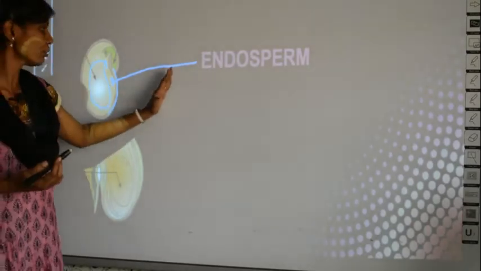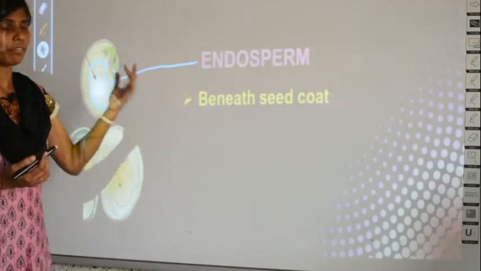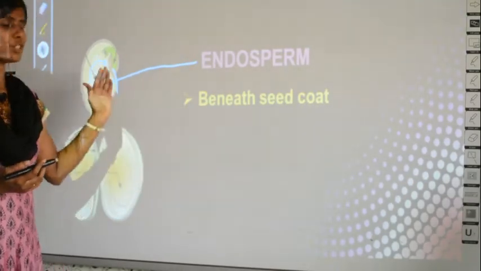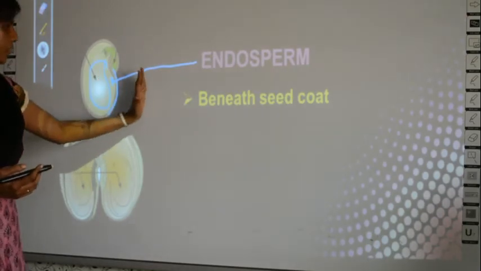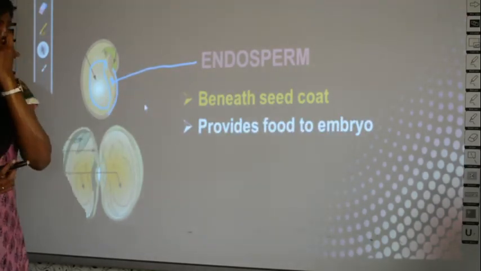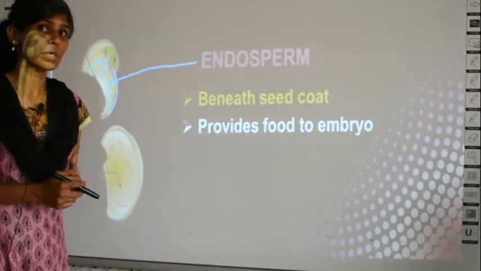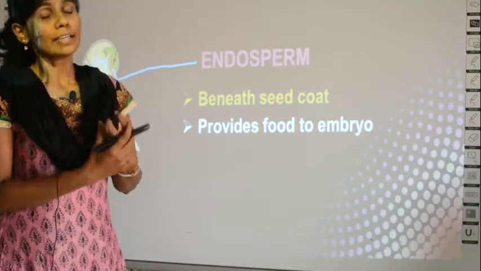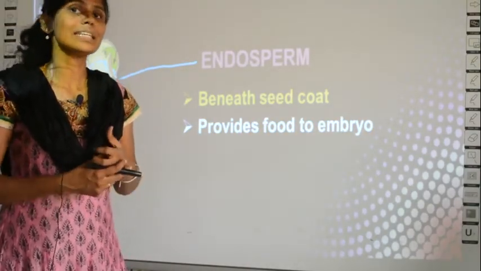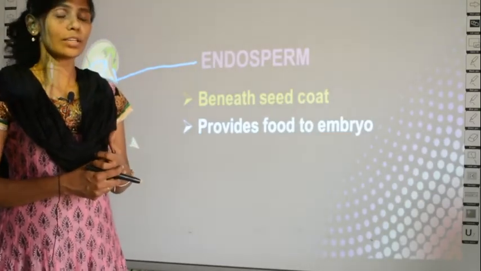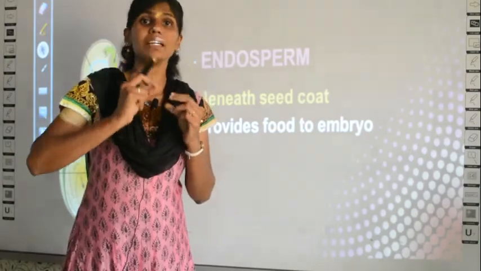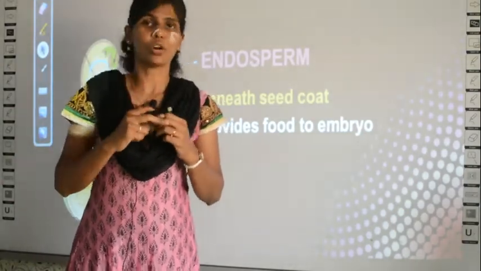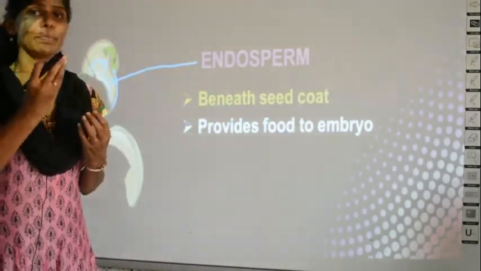What is the function of the endosperm? Where is it located? It is beneath, which means it is interior, just below the seed coat, and it provides food to the embryo. Already we have seen that the cotyledons will nourish the seedling, meaning when the seedling begins to grow into a root or a shoot, the cotyledons give it the nutrients.